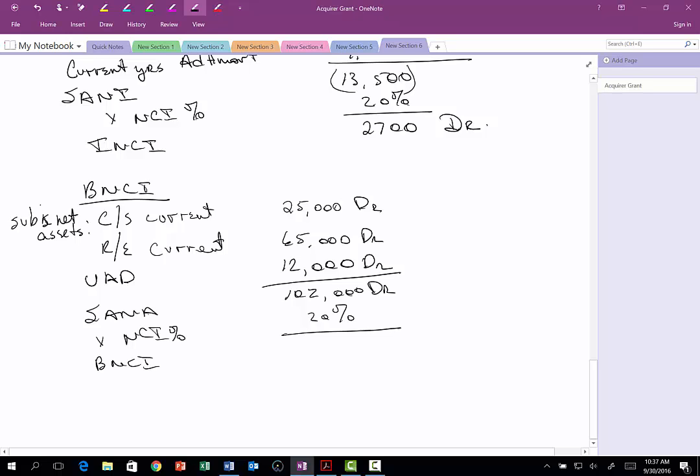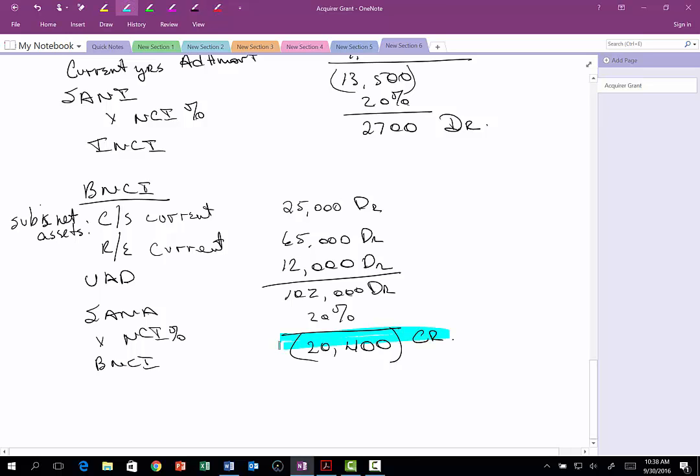Multiply that out, should give us BNCI of 24,400. And remember, once again, we're going to flip the sign to a credit. When we set up our original BNCI, it was a credit to it. When we set up our INCI, it was a debit to INCI, credit to BNCI. This ends up being normally a credit.